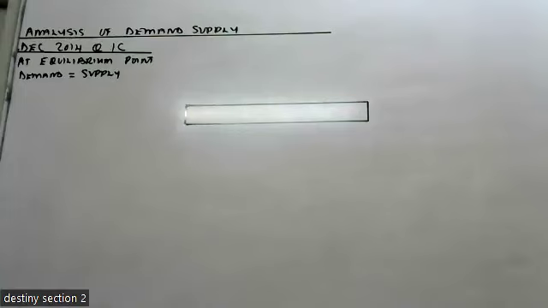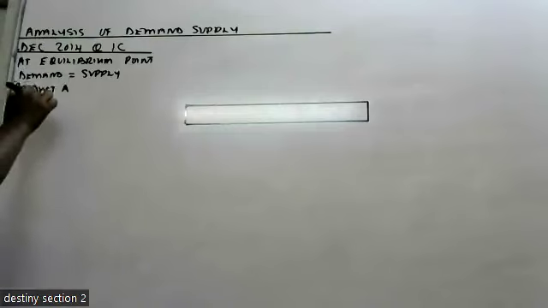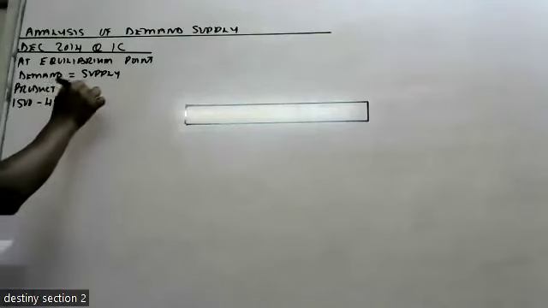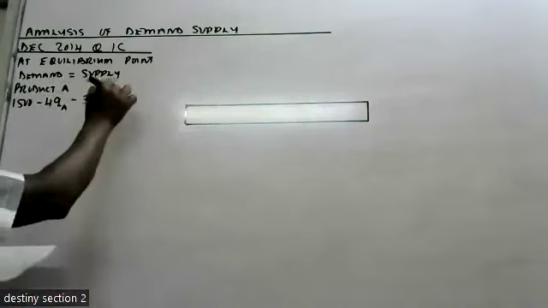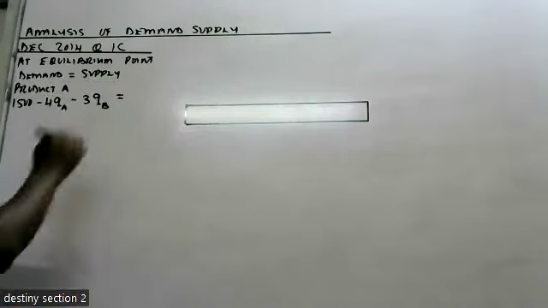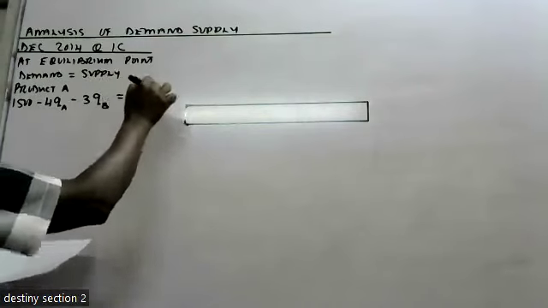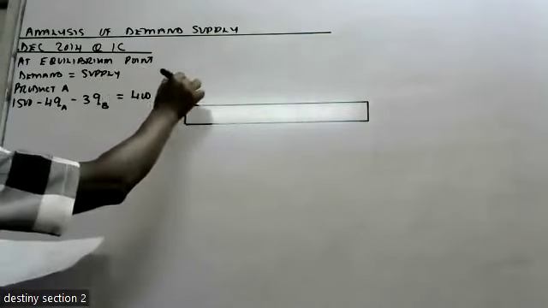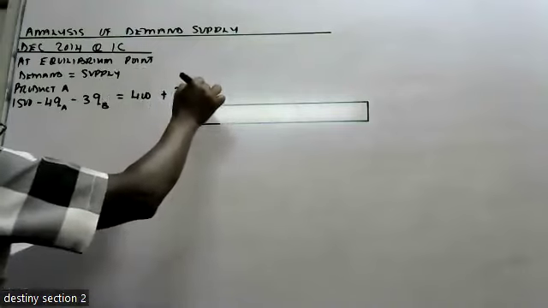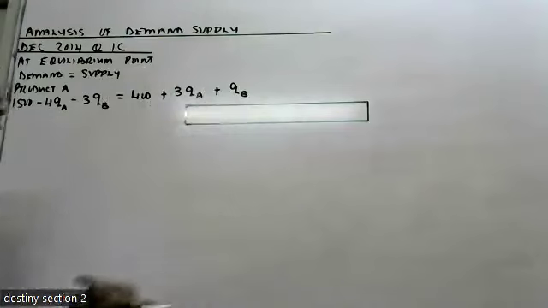Now, in this case, if you start with product A, demand is 1500 minus 4QA minus 3QB, it should give us 400 plus 3QA plus QB. That is how the equations should appear.